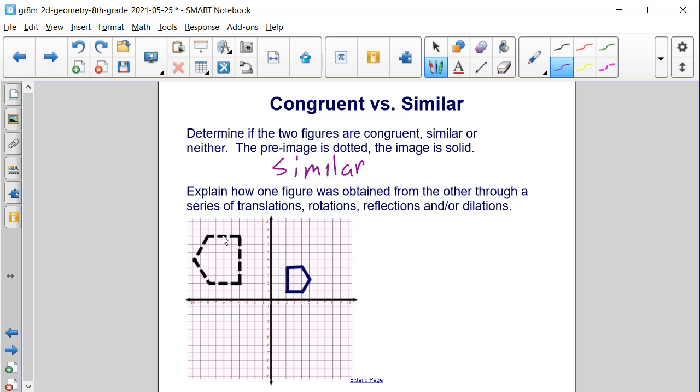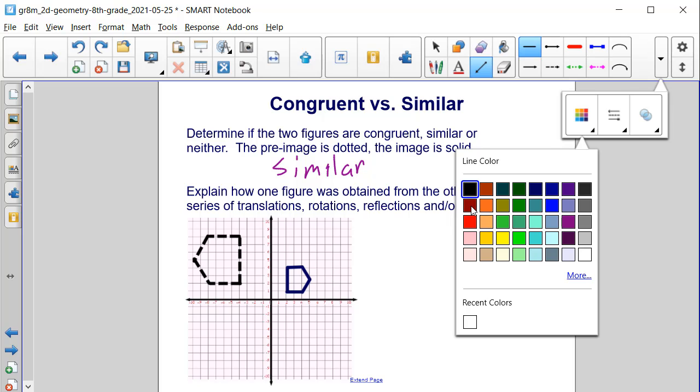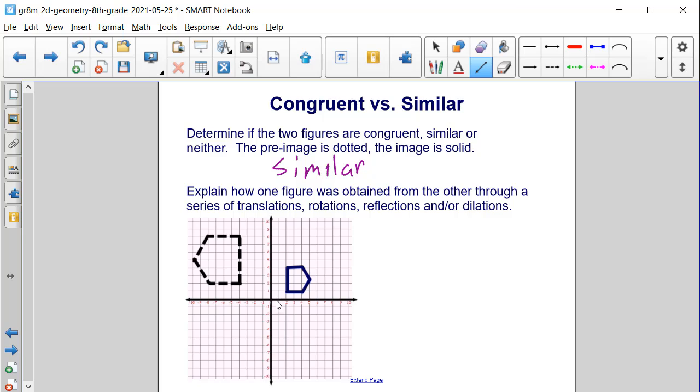And now we've got to explain how we get from the dotted to the solid. Let's start by drawing in some lines here into the origin so that we can see what exactly is happening.